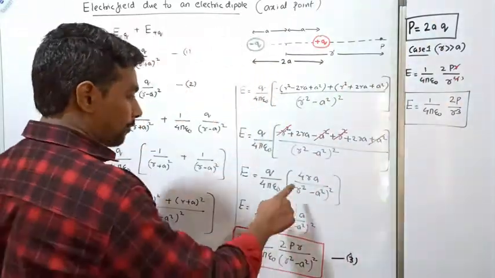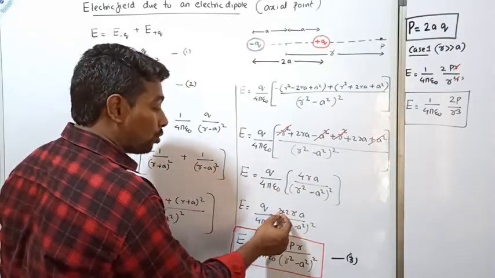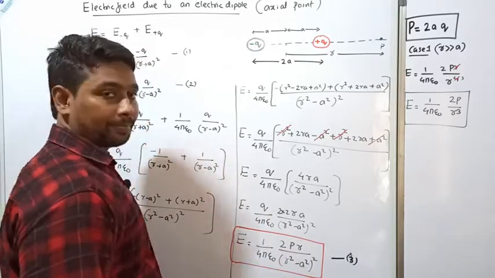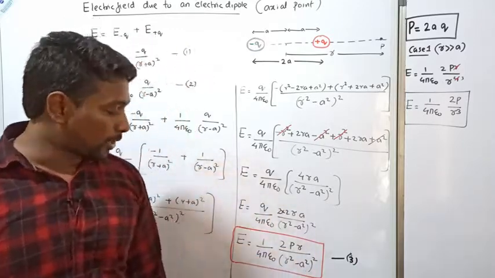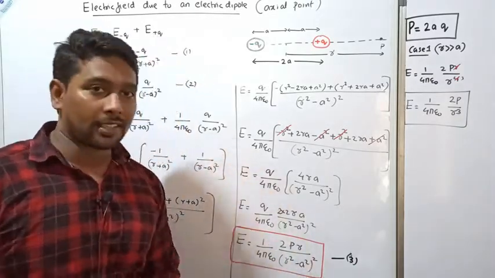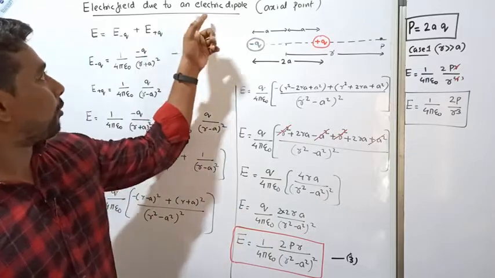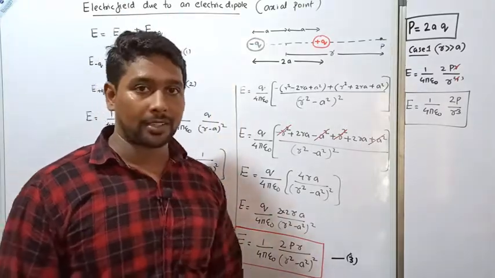So instead of this 4aq, you can write 4 as 2 into 2. That means 2aq you can write as p. Your equation will be 1 by 4 pi epsilon 0, 2pr by r square minus a square the whole square, right? This is our basic general equation for electric field due to an electric dipole.